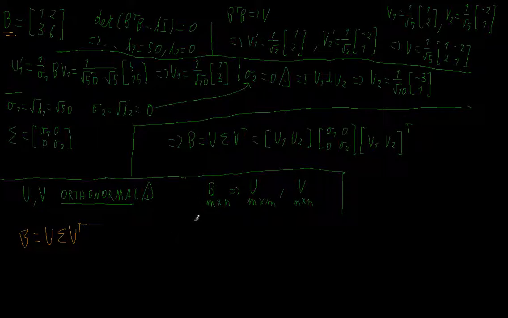So again, I will first calculate B transpose B or B B transpose. In this case, it doesn't really make any difference because we have a 2 by 2 matrix, so whether we take B transpose B or B B transpose, we will in both cases get a 2 by 2 matrix.